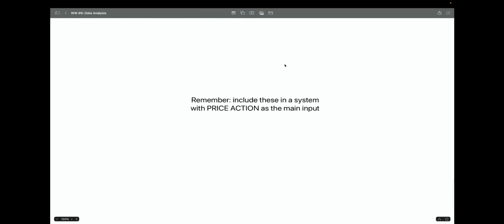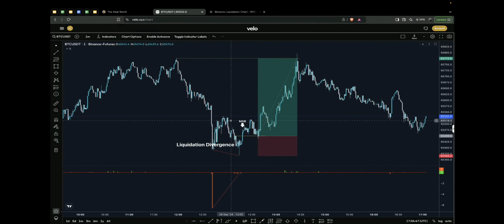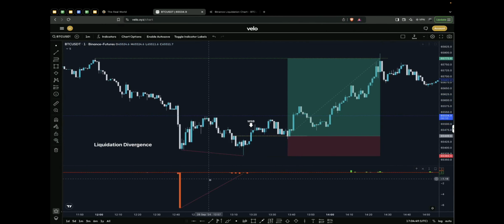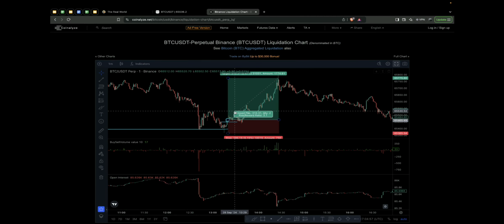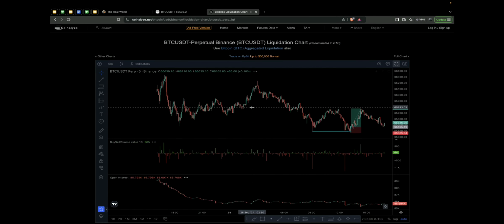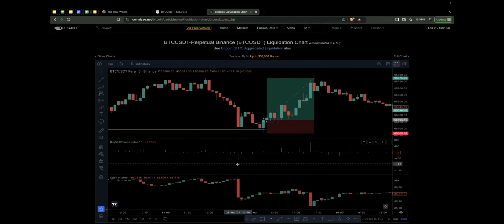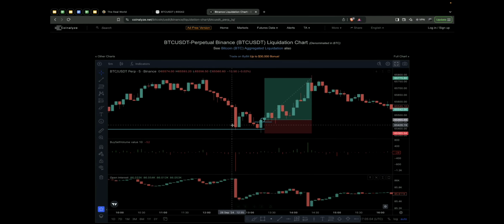And finally, include these in a system with price action as the main input, what I just showed. You can see all the data you want, but to actually enter, because when you see this, first of all, you don't know it's a divergence, so you can't enter. If you see that, and you're looking at it on the delta, you can see for sure this should be correlating with a bottom, but how can you enter there?